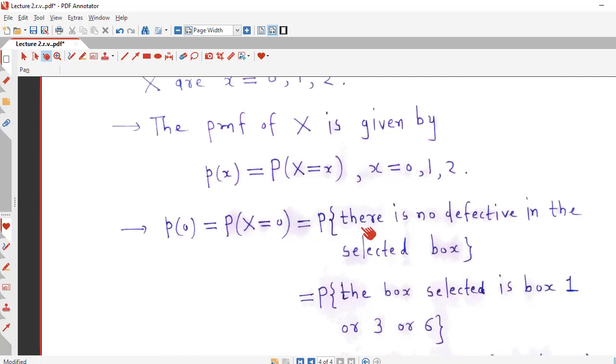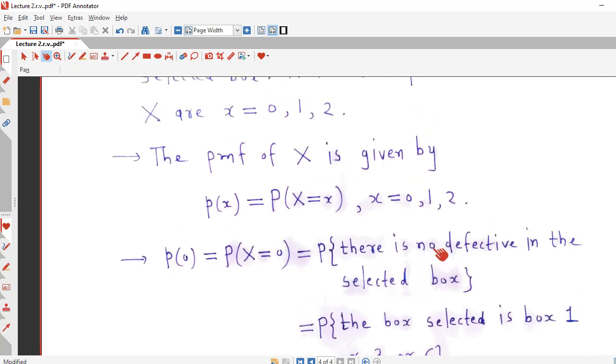means there is no defective in the selected box. What does this represent? Capital X equal to 0, where capital X is number of defectives in the selected box, means there is no defective component in the selected box.